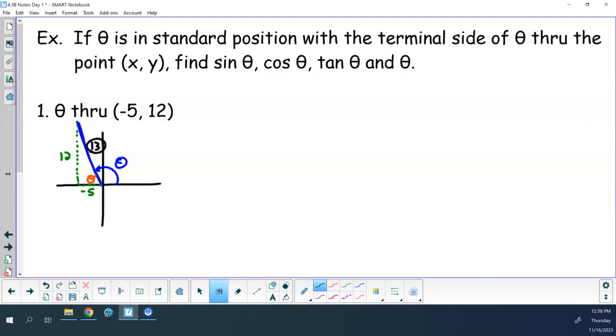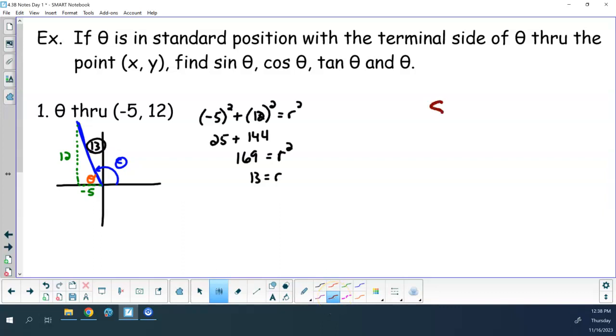If you don't know it, it's the Pythagorean theorem. Oops, I put 13. That should be 12.